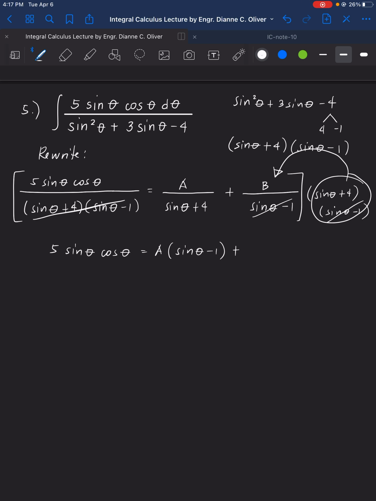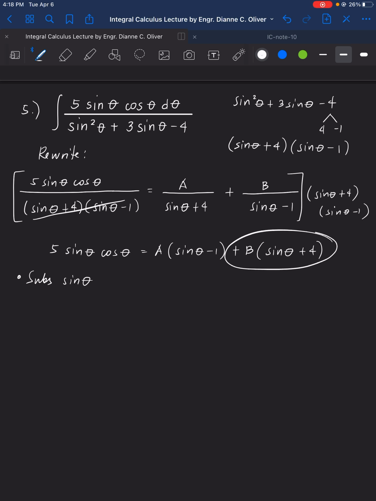Cancel out sine theta minus 1. So what's left is sine theta plus 4. Again, what will we substitute with sine theta so as to remove B?